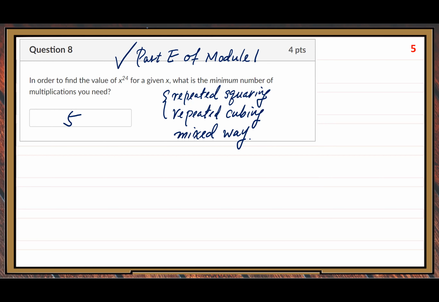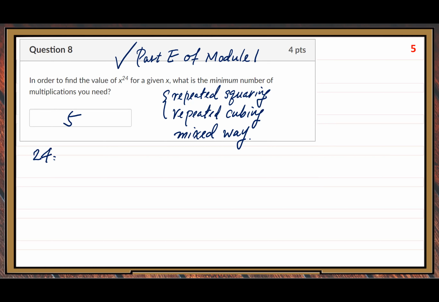If they put answer 23, they just use the simple way. They didn't apply repeated squaring, repeated cubing, or the mixed way, those much better techniques. So here I choose this 24.